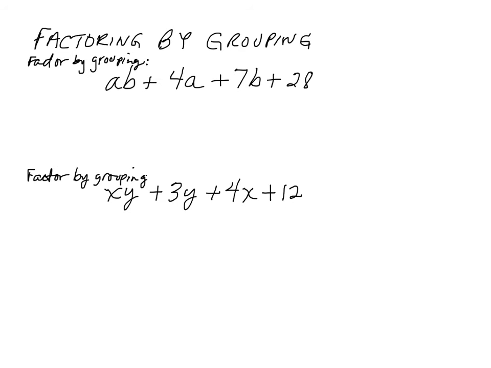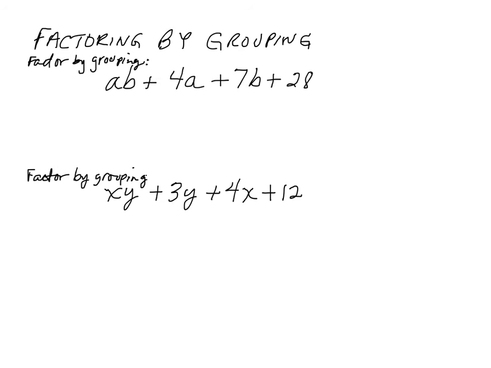If none of the terms can be combined to make 3 terms or 2 terms, then you have to consider factoring by grouping. When you have 4 terms that can't be combined any kind of way, always try to factor by grouping. And what factoring by grouping does is allows you to create 2 binomials which can then be factored.